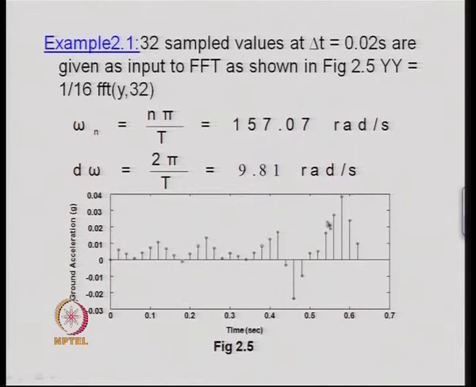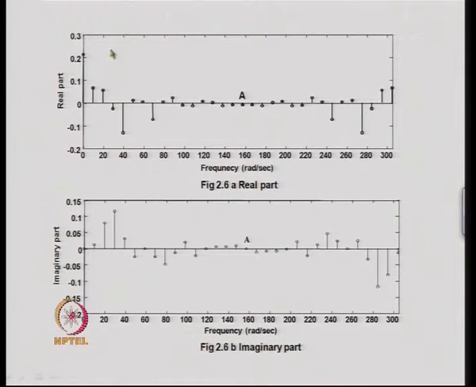Now, this figure shows the 32 sampled values at a delta t of 0.02 second. Now, this shows the real part of the xi omega obtained from FFT, and we can see that the real part is symmetric about this point.